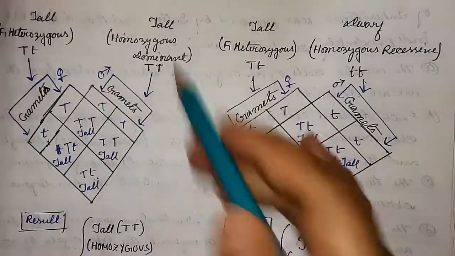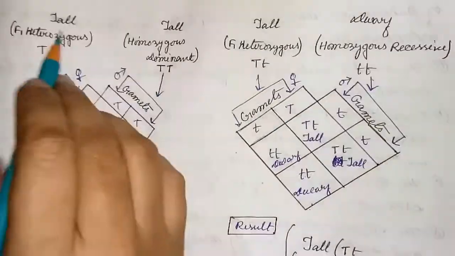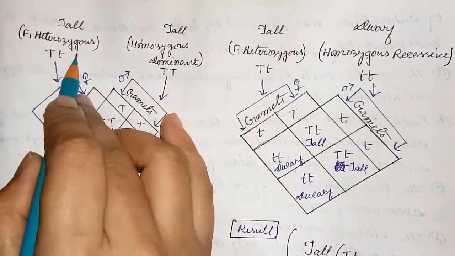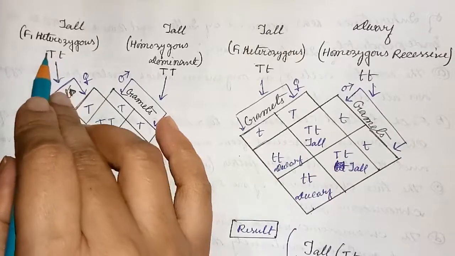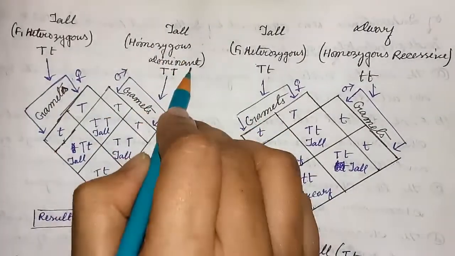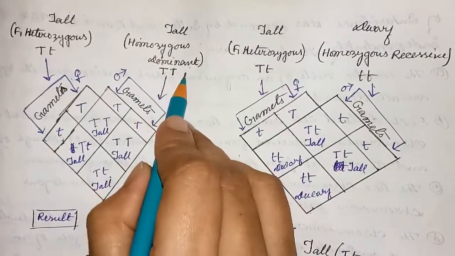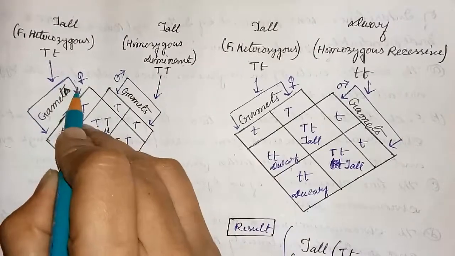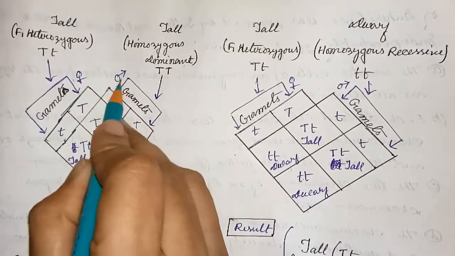In case of backcross, the cross is made between tall F1 heterozygous, that means capital T, small t, and tall homozygous dominant, that is capital T, capital T. Now here is the symbol of female and here is the symbol of male gamete.